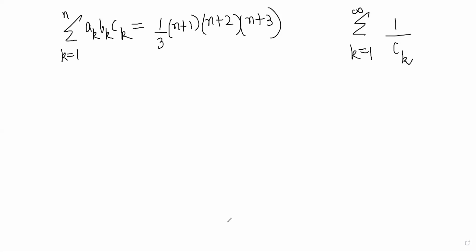And an was 2n plus 5. Bn was 1 by 3 power n. How do I find this using this somehow?